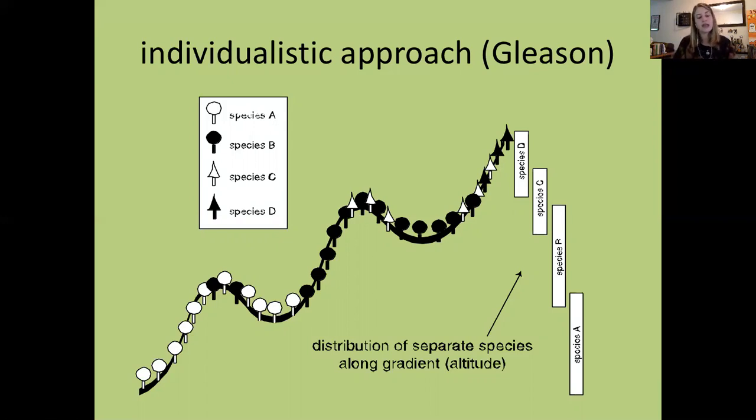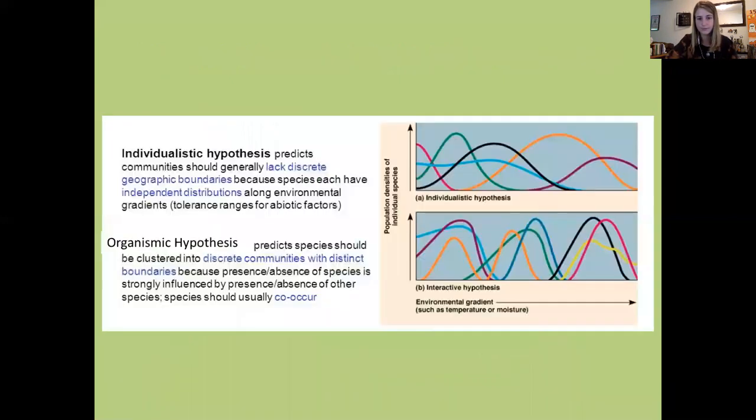Whereas Clements would say this red maple grows here because the other plants growing around it always grow with red maples, so you should always expect to find it. In science, Clements used to be the more accepted theory, but now ecology is looking more at the individualistic approach to forest ecosystems.